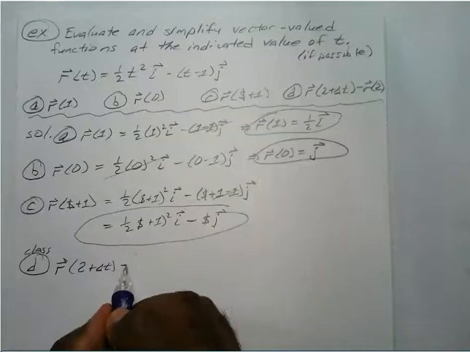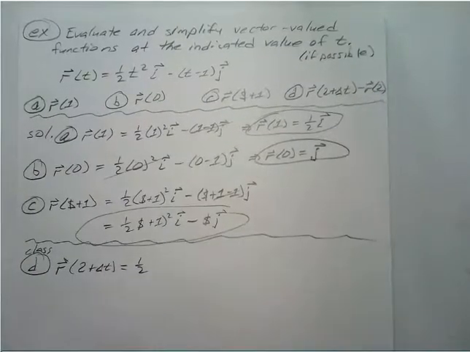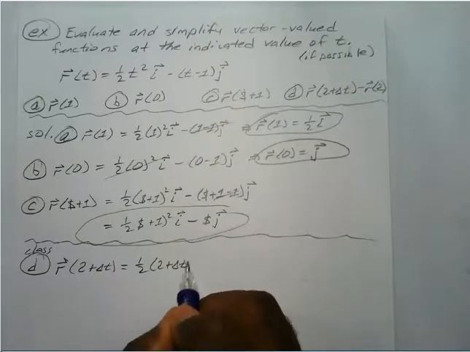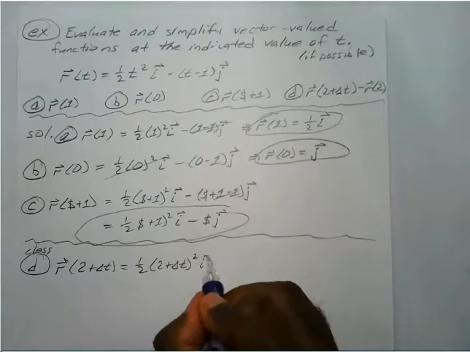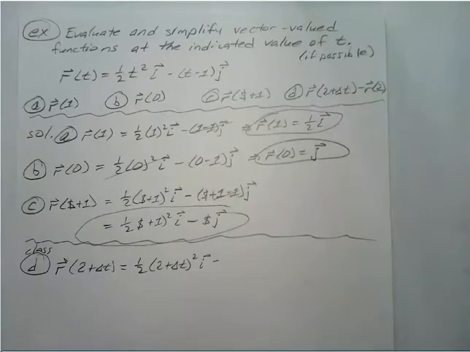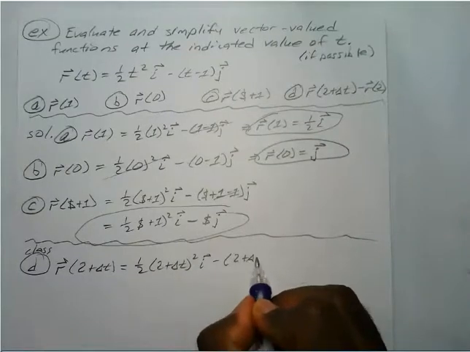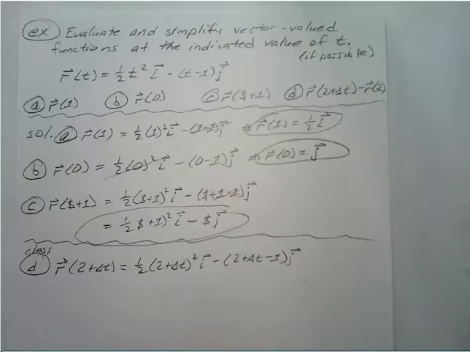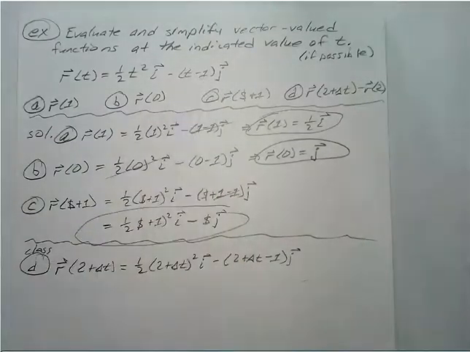Now that is equal to 1/2 times 2 plus delta t squared times your i vector minus 2 plus delta t minus 1 times your j vector. Okay, so you have your 2 plus delta t minus 1.